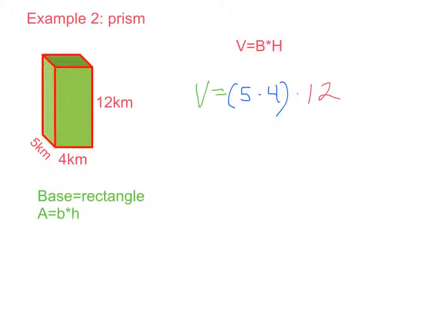So let's start with 5 times 4, which is 20. Then we bring down our 12 and the V, and then 20 times 12 is just 240. So V equals 240. And then the units were kilometers, and again, units cubed because it's volume.